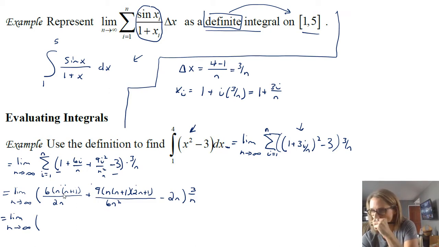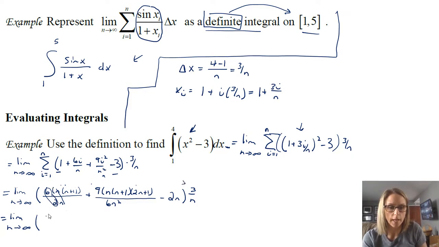You're going to see that these n's simplify, that we end up with 6 over 2, which gives us 3, but we're multiplying by 3 over n. So we're going to have 9 times n plus 1 over n, because I'm multiplying by 3 over n.